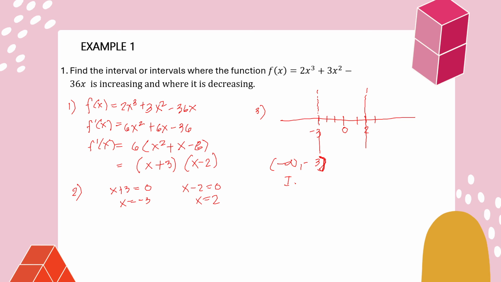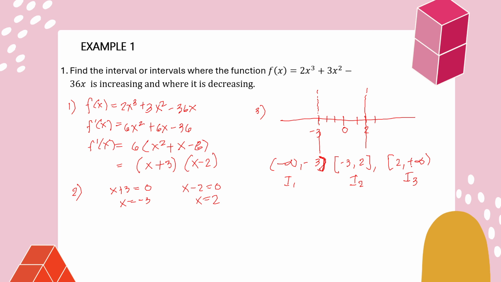So this is interval number 1, and the next one is closed negative 3 to 2. This is interval number 2, and then closed 2 to positive infinity. That's interval 3.